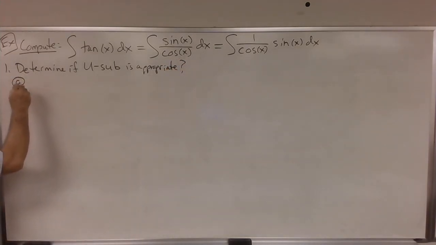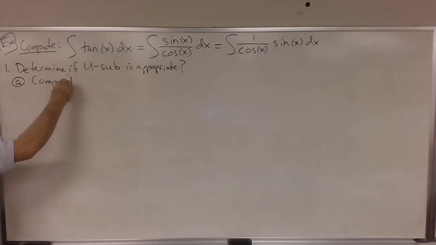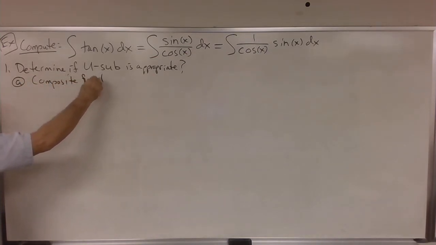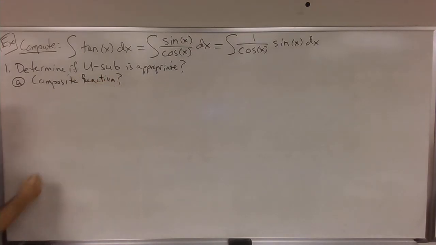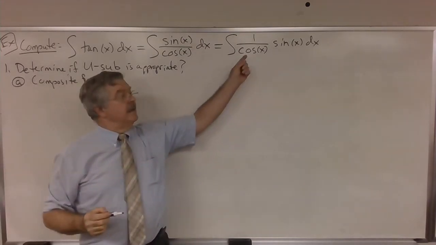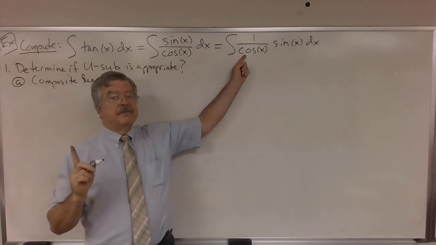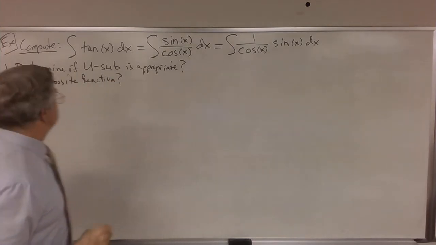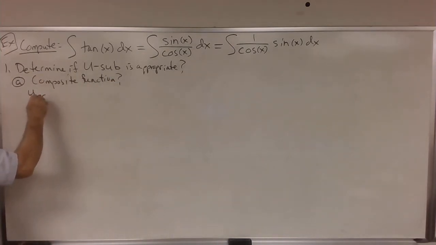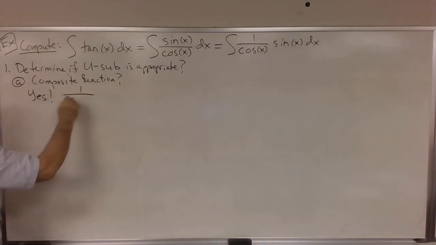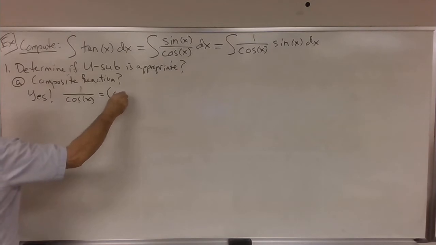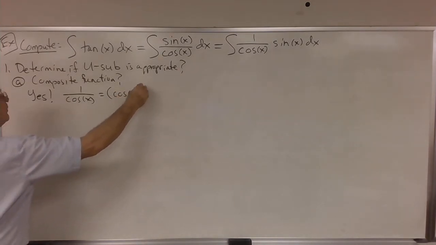And do we have a composite function? And remember, 1 over a function is a composite function. So the answer is yes. 1 over cosine of x, which is the same as cosine of x to the negative 1.